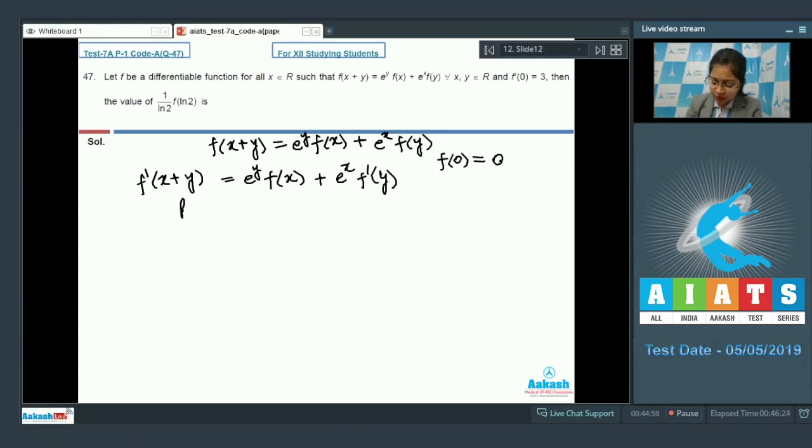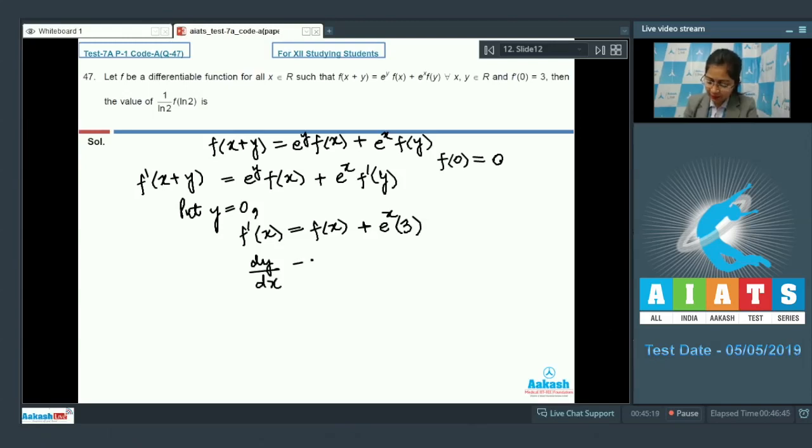Now here put y equal to 0, so we will get f dash x equal to f of x plus e raised to the power x into f dash 0, that is given to be equal to 3. So we get dy by dx minus y equal to 3 times e raised to the power x. So this is a linear differential equation where the integrating factor is equal to e raised to the power integration of minus 1 into dx, that is equal to e raised to the power minus x.